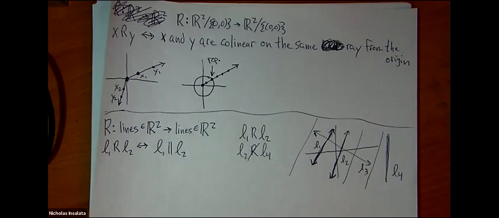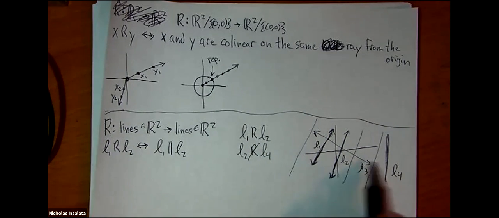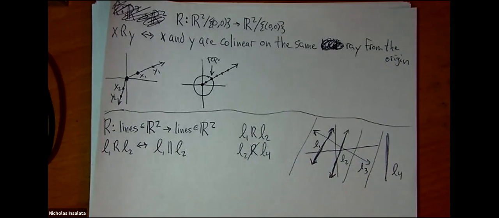That's true. But let me ask my question from before, right? If we wanted to talk about the representatives of these equivalence classes of parallel lines, what would they be? Not a box, not quite.